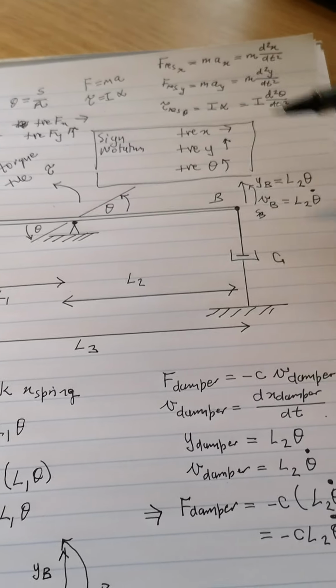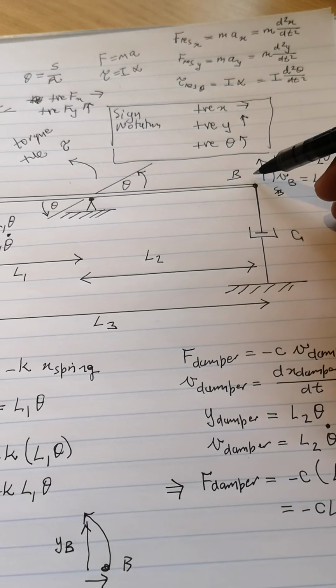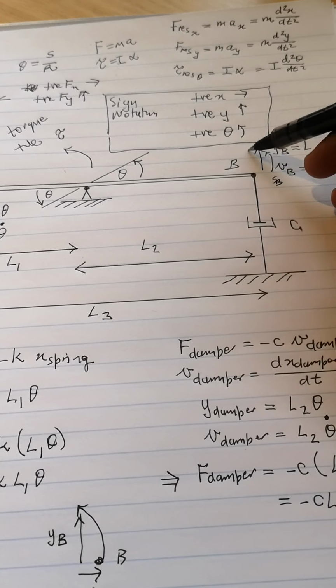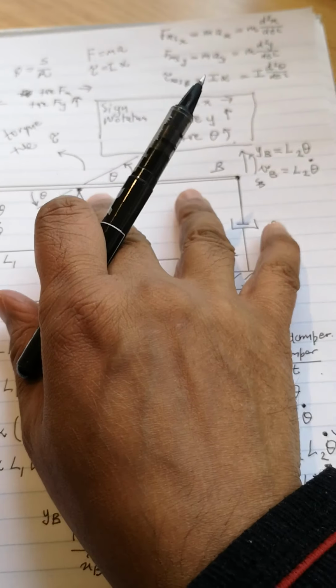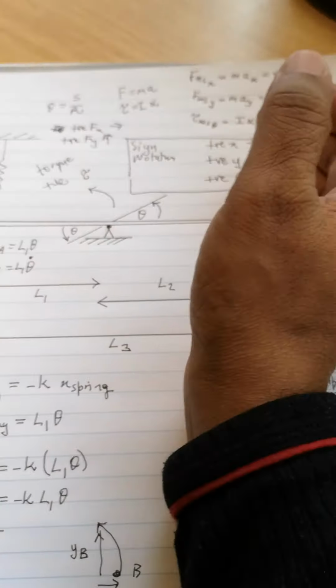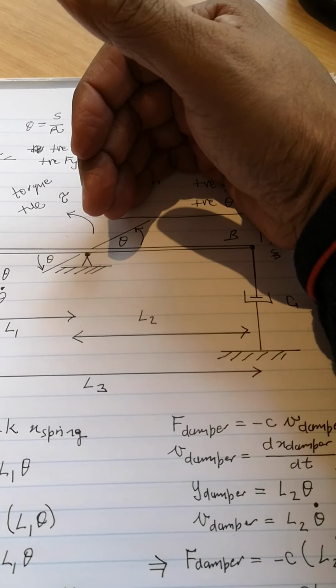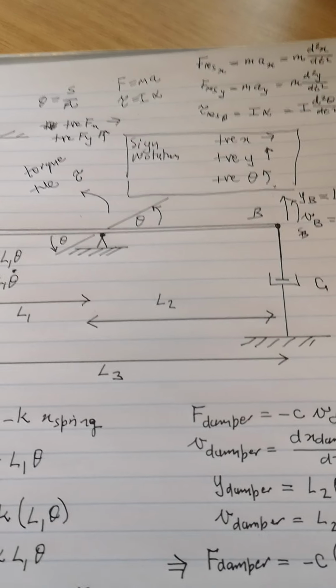So what does that mean? If we look at our notation over here, if I have a force that is positive going upwards, I take this force, I multiply it by this distance x over here. That would mean a positive torque would be going in an anti-clockwise direction. Let's think about that.